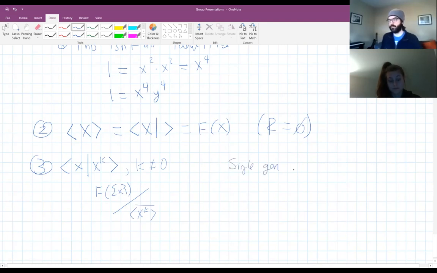Single generator X and X to the K is equal to 1. This is a familiar group.